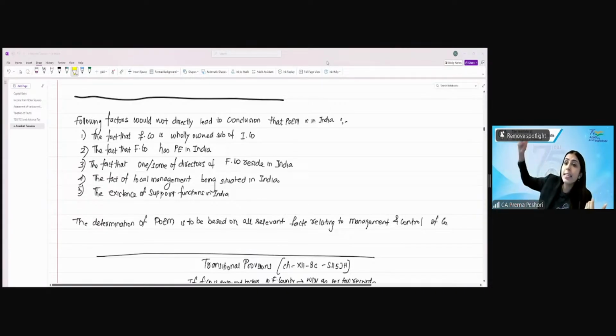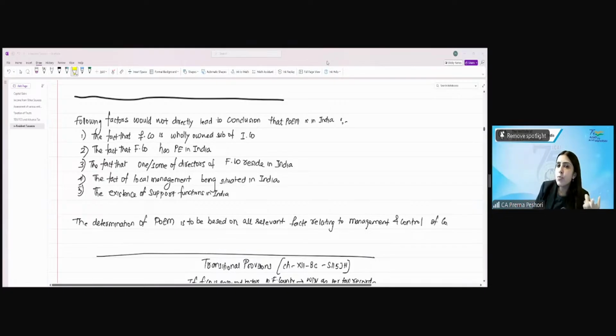But who is taking the key management and commercial decisions? What do we mean by key management and commercial decisions? Whether I should start a new business, whether I should have, let's say, 10 employees or 15 employees, or retrench some employees, whether I need to discontinue this line of business, whether I have to start a business in, let's say, Singapore.